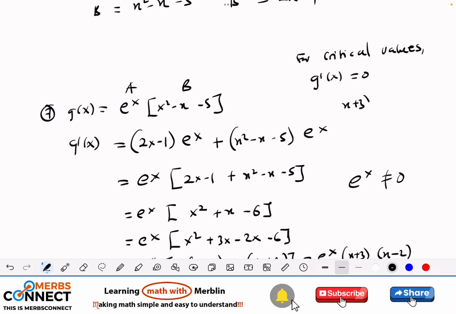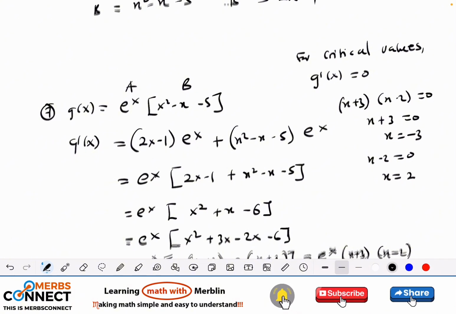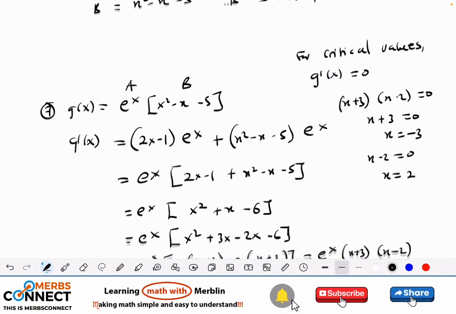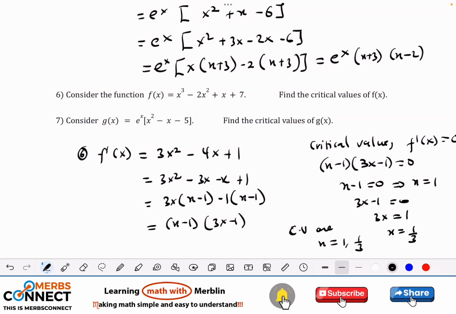So x plus 3, x minus 2 is equal to 0. So x plus 3 equal to 0 implies that x is equal to minus 3, right? Then x minus 2 equal to 0, and x should be equal to 2. So the critical values for question 7 are 2 and negative 3. That's what you are going to get for question 7.